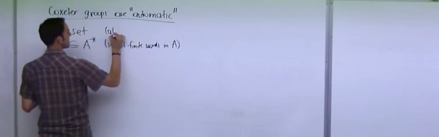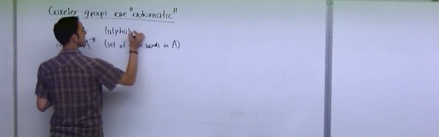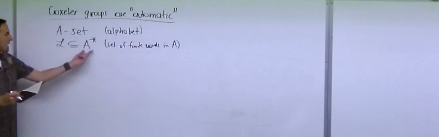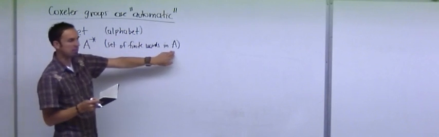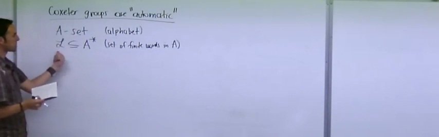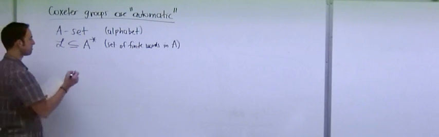So we think of this as the alphabet. A star is the set of every possible finite word made out of letters in this alphabet, and we're considering some subset of words. And so this is called a language.